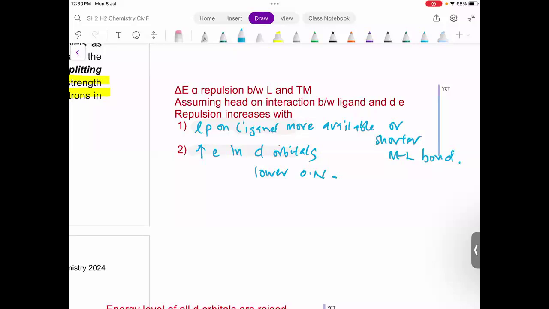If you are forming a stronger bond, then the repulsion will be more significant. But it's not in your syllabus for you to deduce which ligand is a stronger ligand, so it's just for appreciation. When the ligand changes, delta E is affected, therefore the color changes.